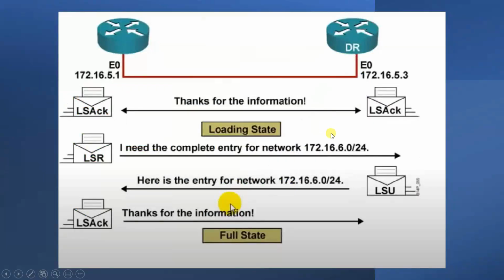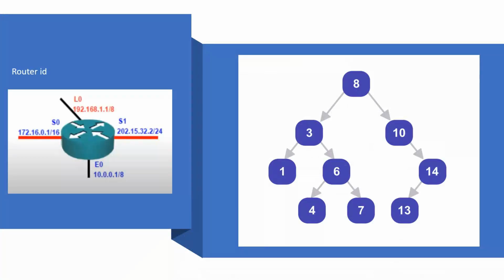You can see that in the above state, it just compares the database, and if it doesn't match, it asks for a link state request again. So all the databases should be synchronized. This is the condition in OSPF. If there are 200 routers, the 200 routers all have the same database. This is the main advantage of OSPF, but sometimes it acts as a disadvantage also.